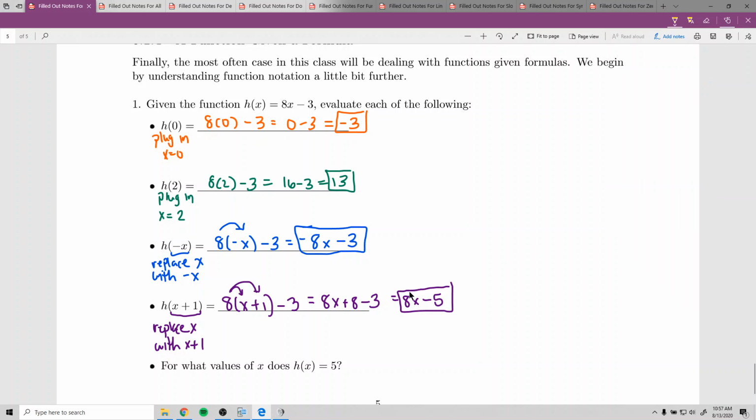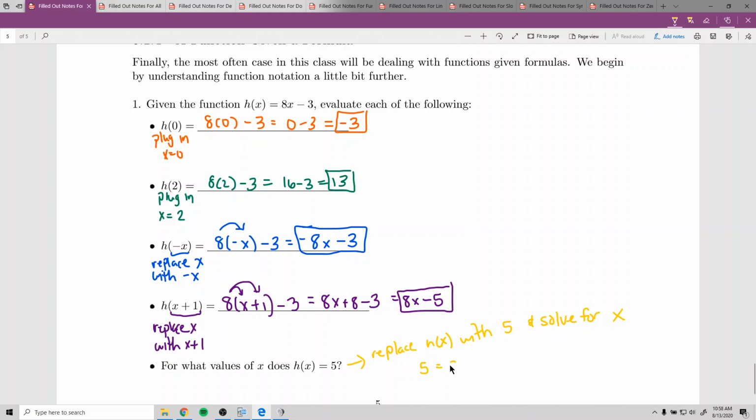Right, and finally, the last one is similar to the idea we did above. It's telling us to find x when h of x equals 5. What that's telling you to do is replace h of x with 5 and solve for x. Right, so we're going to take h of x equals 8x minus 3 and replace the h of x with 5.